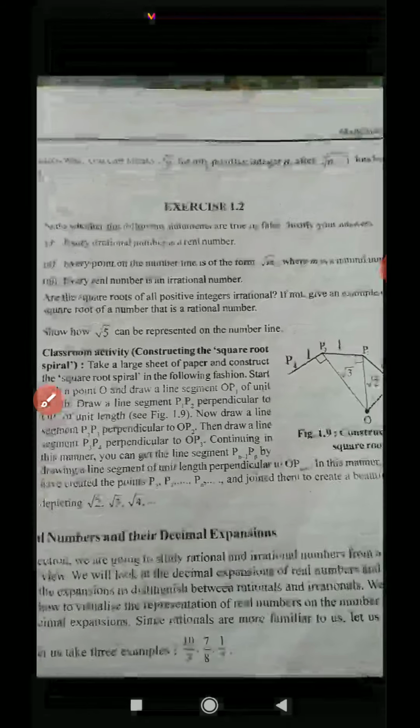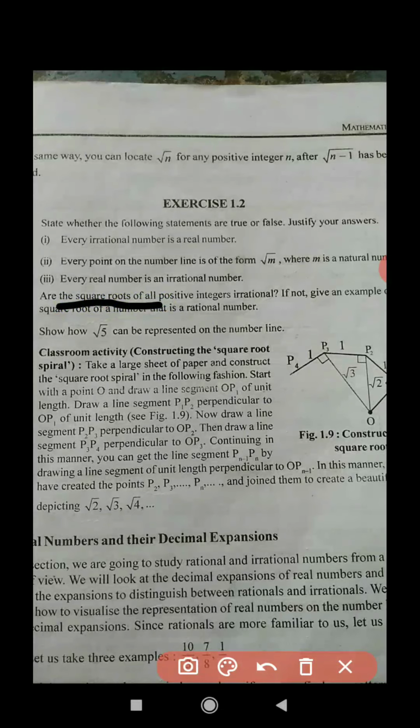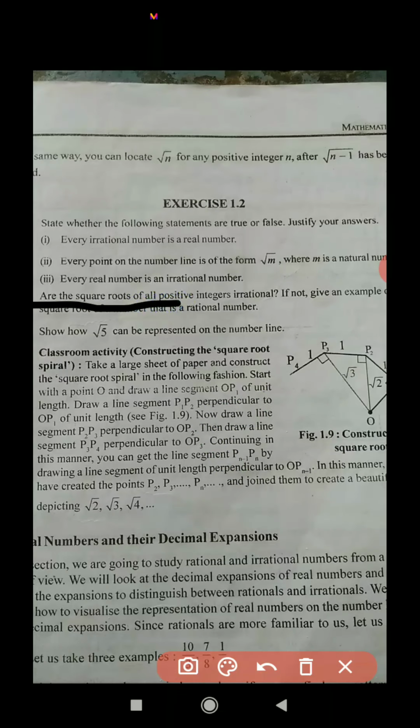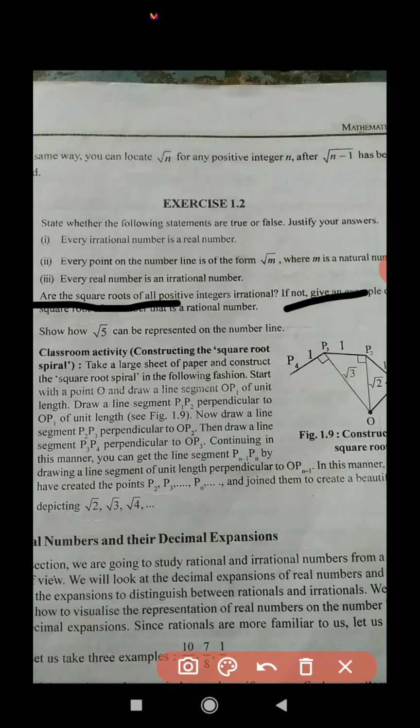So let me go to the second one now. Are the square roots of all positive integers irrational? What do you mean by square root? Square root means this one, which I write like this. It's called square root. Are the square roots of all positive integers irrational? If not, give an example of a square root of a number that is rational.